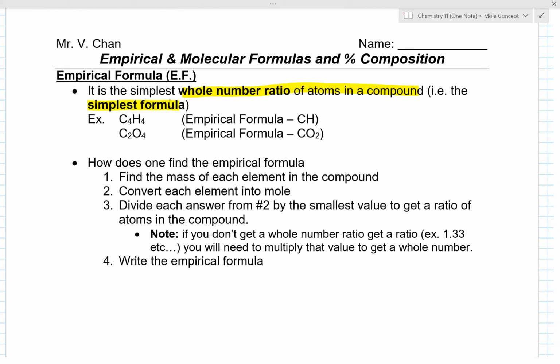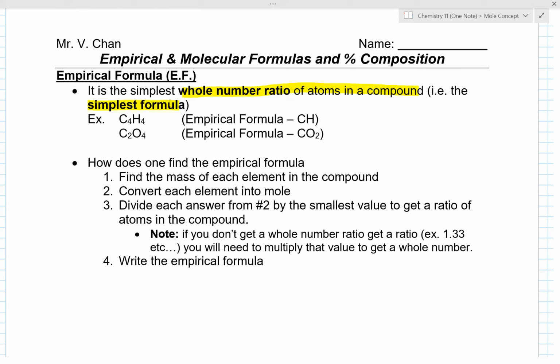The empirical formula would be CH because, even though it's 4 carbons and 4 hydrogens, the ratio is 1 to 1. The second example is C2O4. There are 2 carbons and 4 oxygens, so the empirical formula would be CO2.